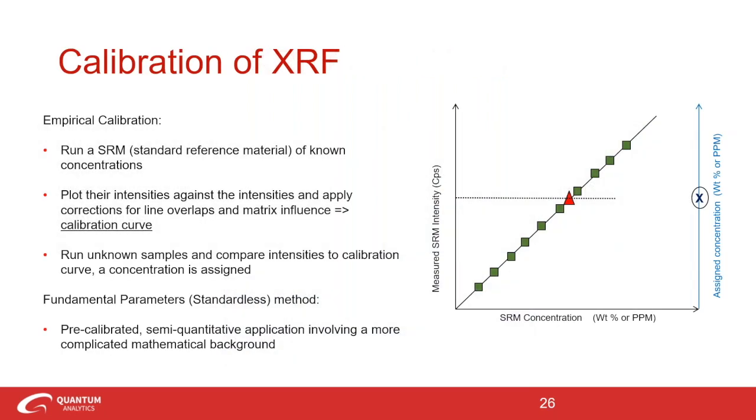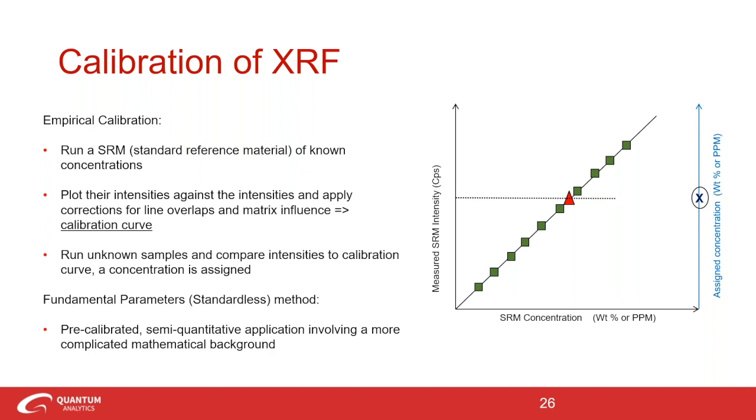So how do we calibrate that, right? For empirical calibrations, the user must first analyze known samples to obtain the count intensity, which is then plotted using an offline software to generate the calibration curve. The curve data is then put back onto the analyzer, which can then be run to give immediate results, right?